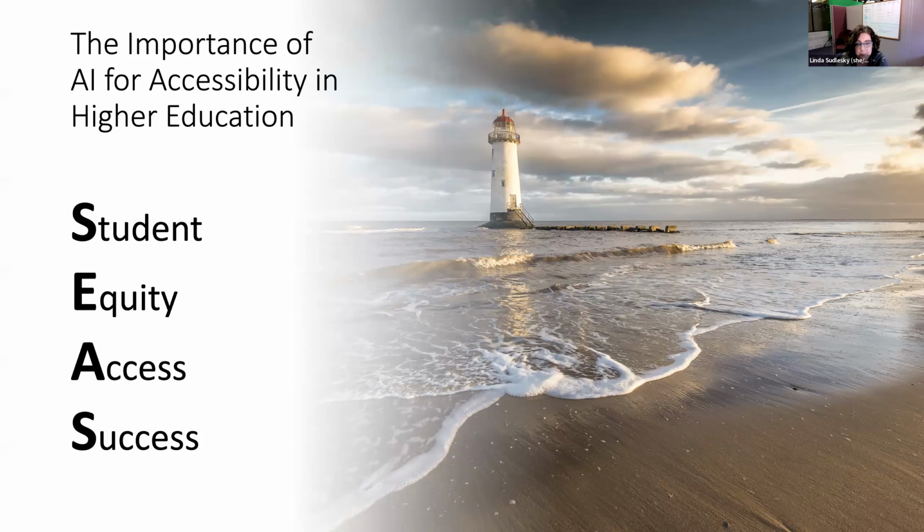AI tools will help level the playing field for many, increase accessibility, and minimize barriers to learning for all students. So we're going to talk more about how AI contributes on both levels.